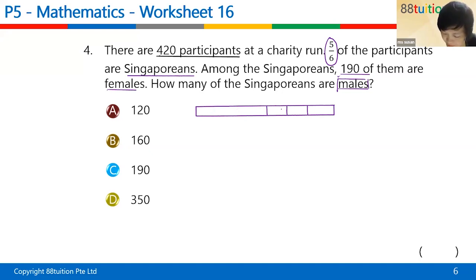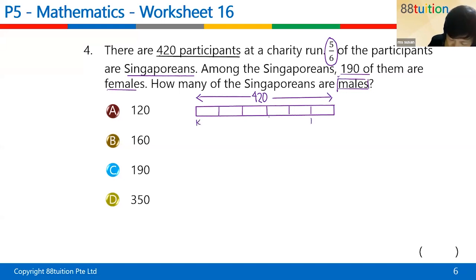Lopsided. Let's do it again. 1, 2, 3, 4, 5, 6. And the total will be 420. So I have how many units here? 6 units. 5 of them are Singaporeans.